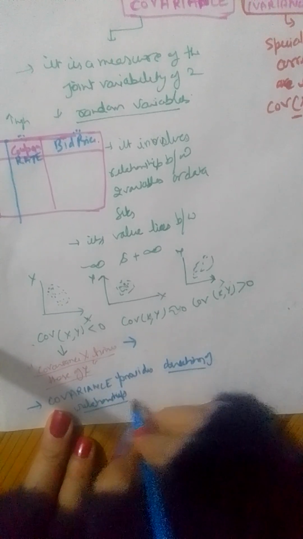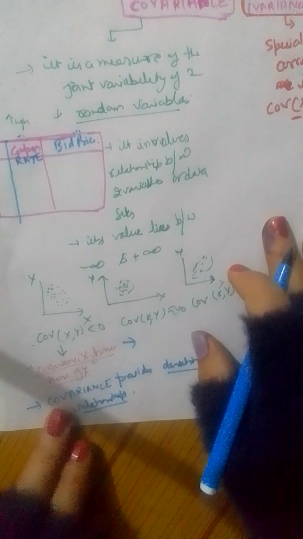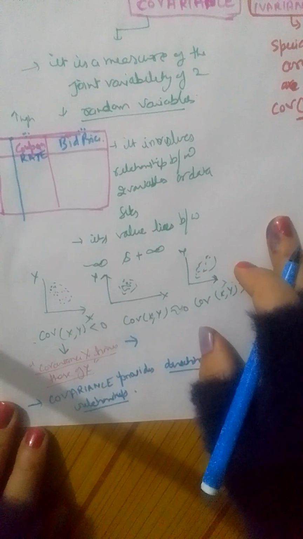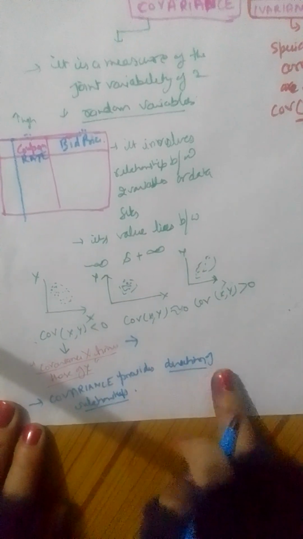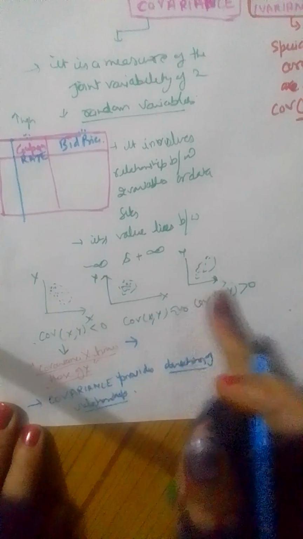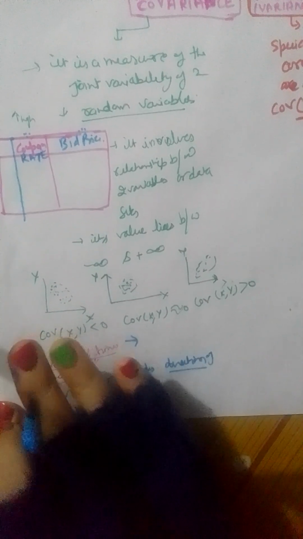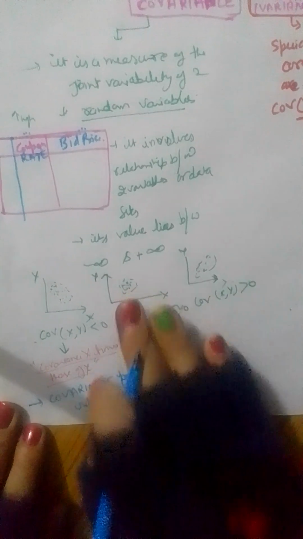Fine. Students, you have easily learned by seeing this example that covariance provides direction of relationship. What is direction? Direction is whether it is positive, negative or zero.